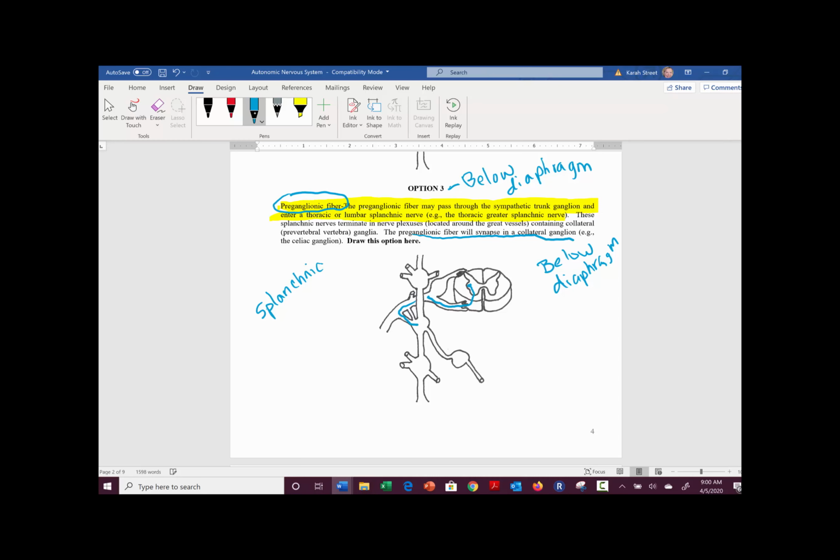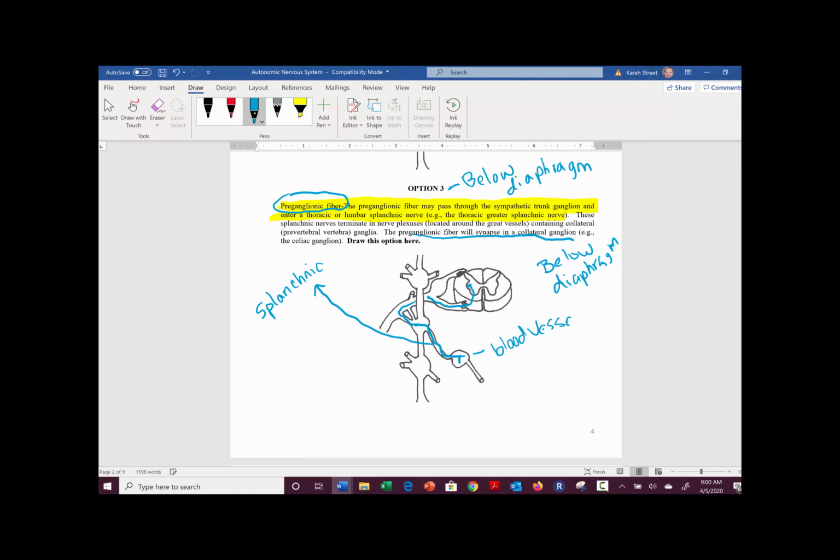It does not synapse, does not go superior or inferior. Rather, it goes through this option where we have a splanchnic nerve, and it terminates on a collateral ganglion. So this branch right there would be one of those thoracic or lumbar splanchnic nerves that is described under option 3. This ganglion is found on major blood vessels.